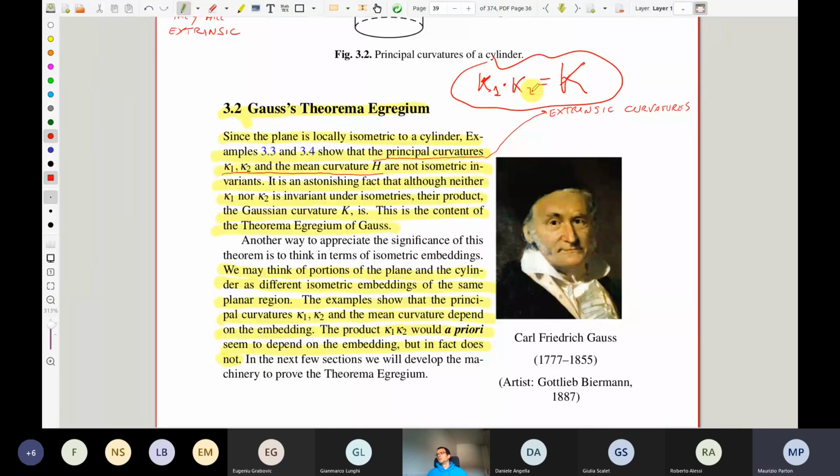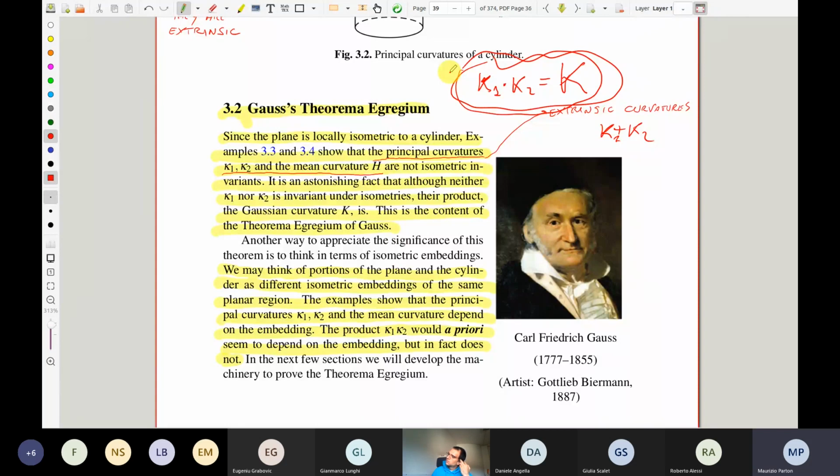That you put the surface in the space, you compute this number, very natural. You compute also K1 plus K2, another natural number. This one appears to be intrinsic. And this one means that maybe the surface that is embedded in R3 lives by its own.